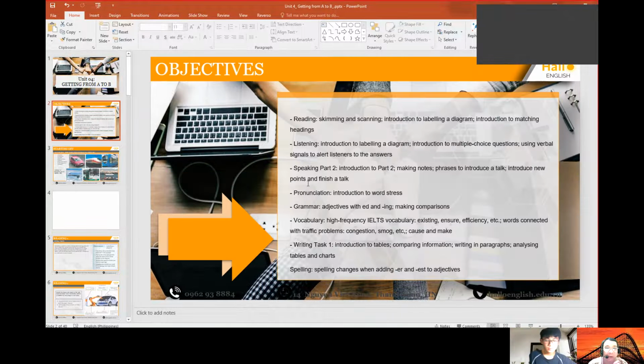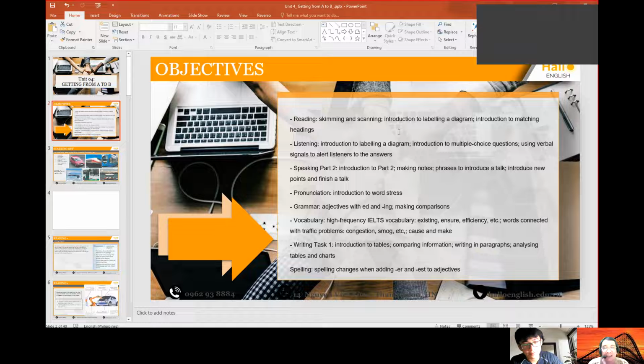And of course, under the lesson, we will be using again the skimming and scanning technique. These two are actually the best tools for you to understand the text or the passage effectively, and to save time.